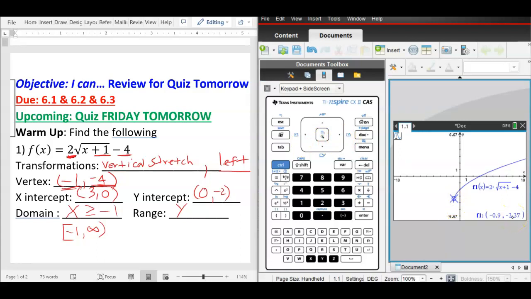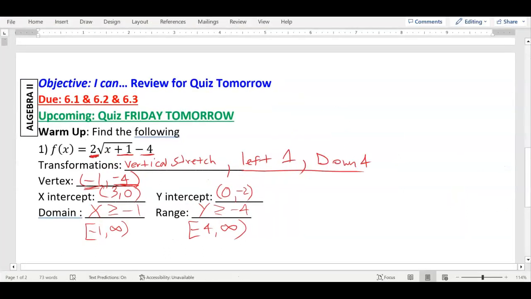So it goes from -4 up forever, so that's y greater than or equal to -4. I know it touches there because it's the vertex. What's another way to write that? -4 comma infinity. -4 has a bracket. Infinity has a parenthesis.